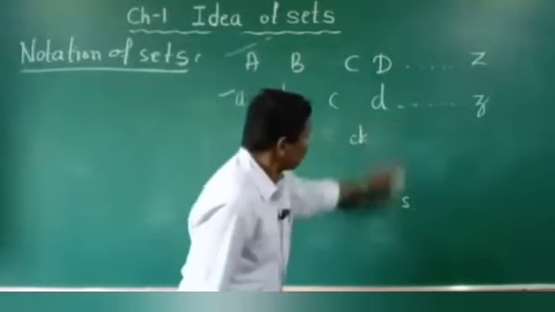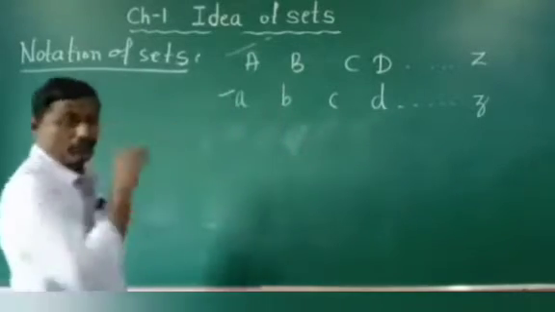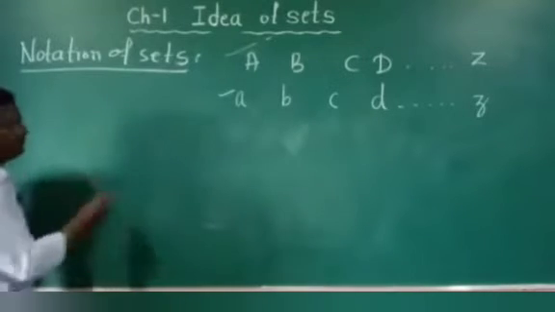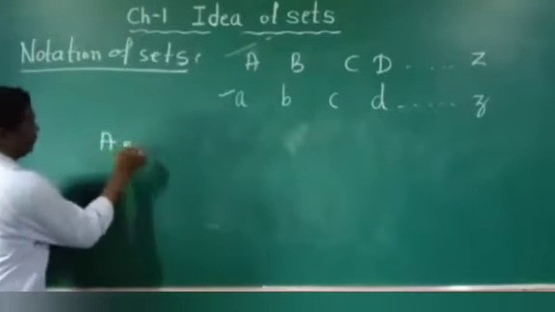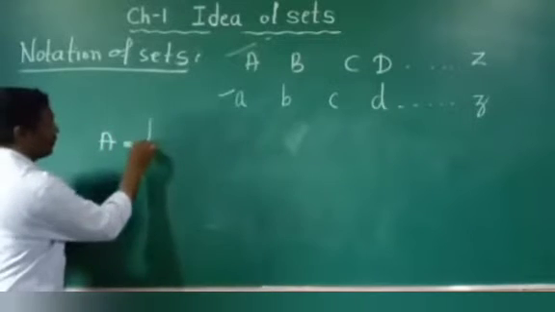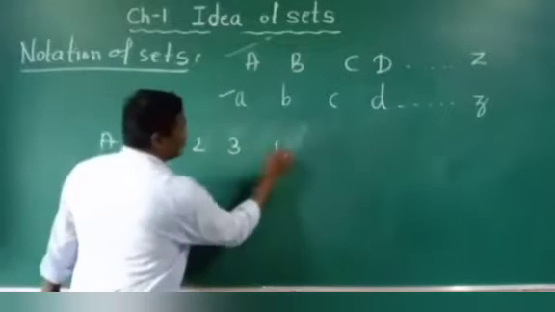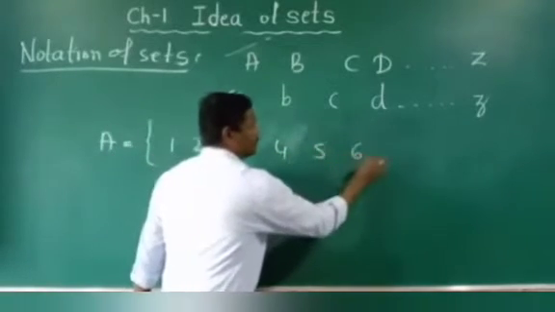Here I will take one example. Through that example I will show you how we represent sets, right? Set A is a collection of the numbers 1, 2, 3, 4, 5, 6.